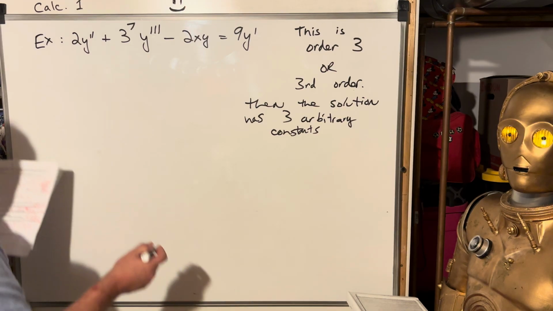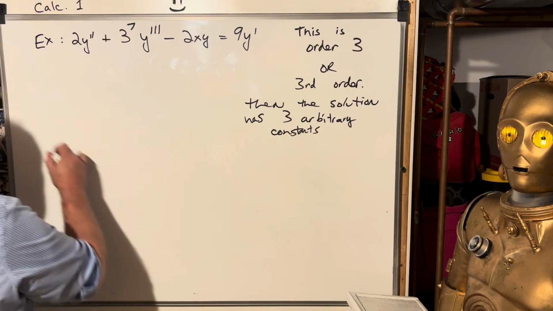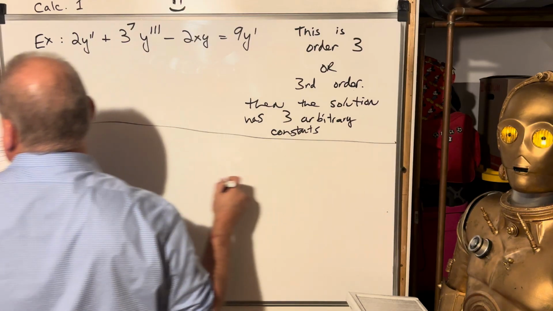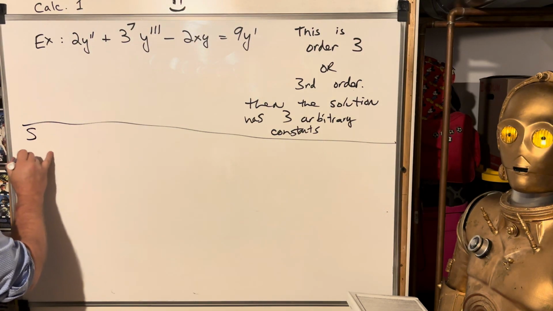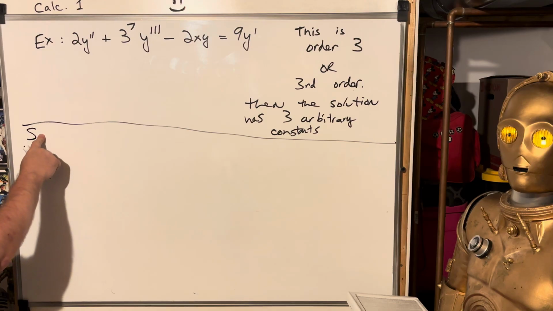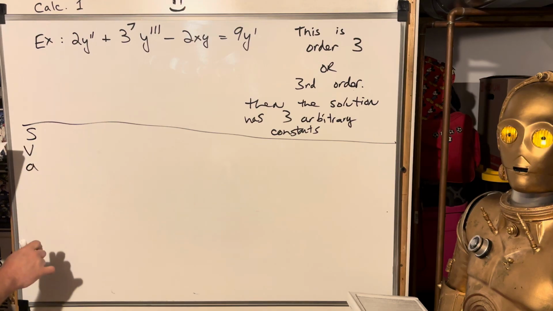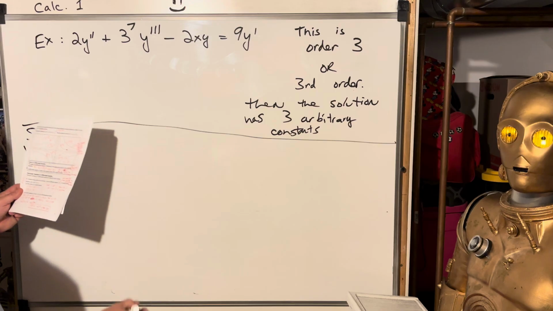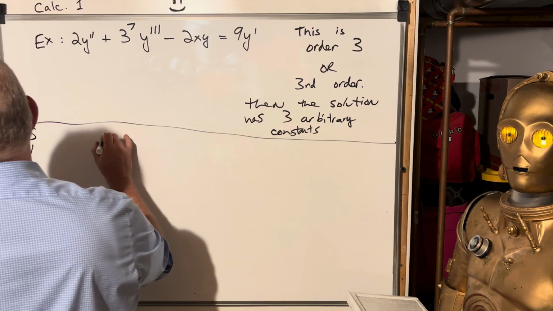Okay, so remember how this works. S the position, V the velocity, A the acceleration. And so what do we know here?